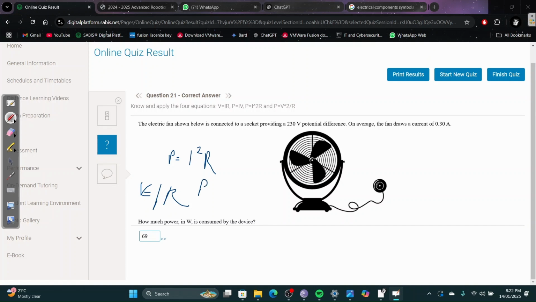So R is equal to 230 over the I, which is 0.3. So 230 divided by 0.3 gives me 766.